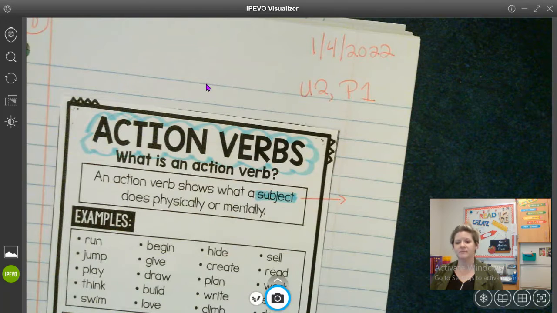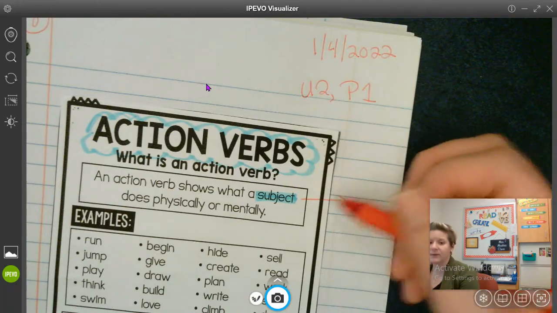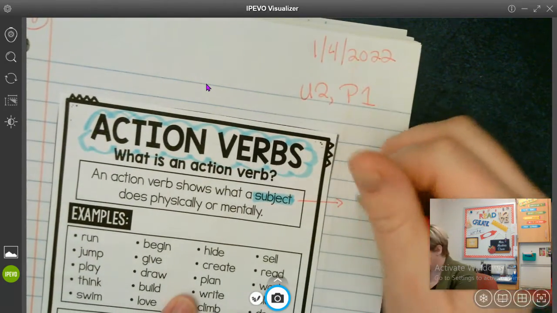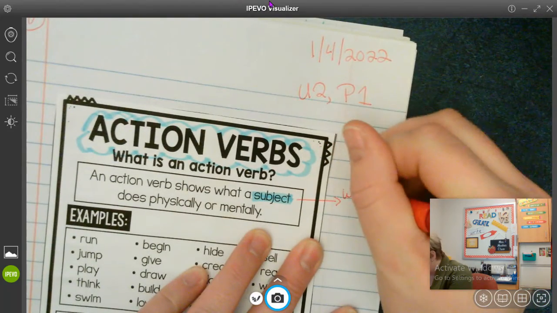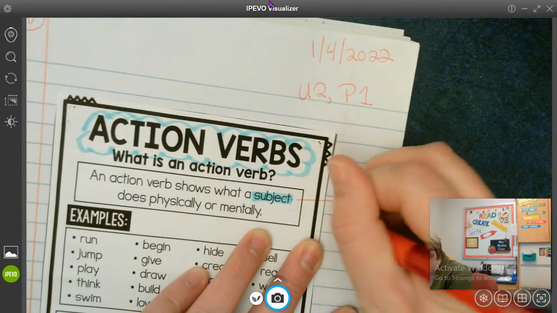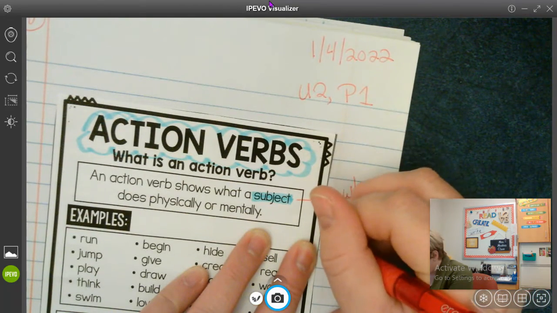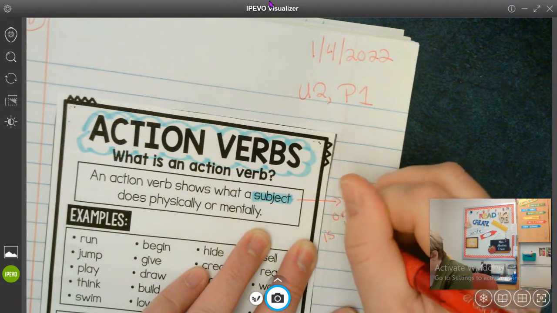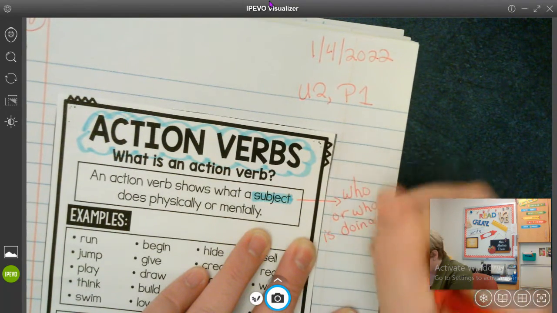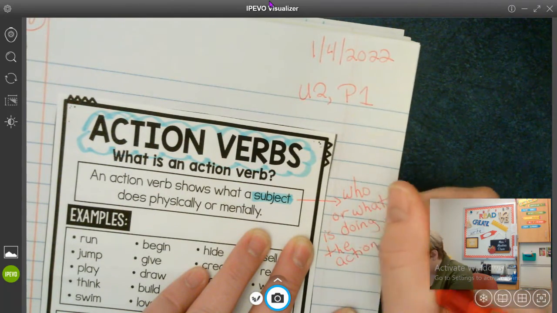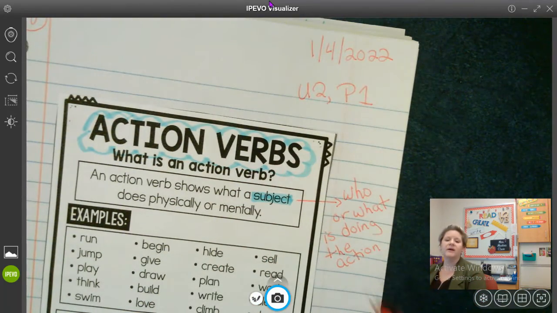So we've talked about subjects and predicates in the classroom just a little bit, and I want to make sure that I can recall and remember that the subject is the who or what is doing the action. Okay, so the who or the what of our sentence.